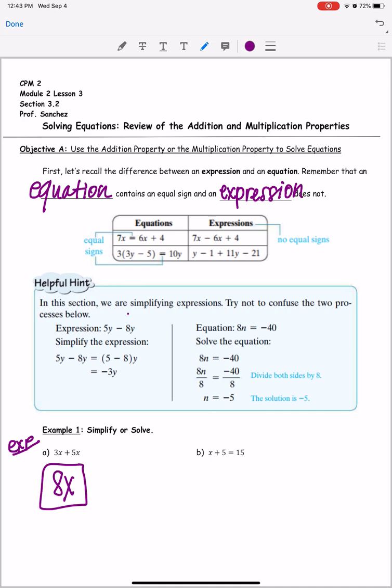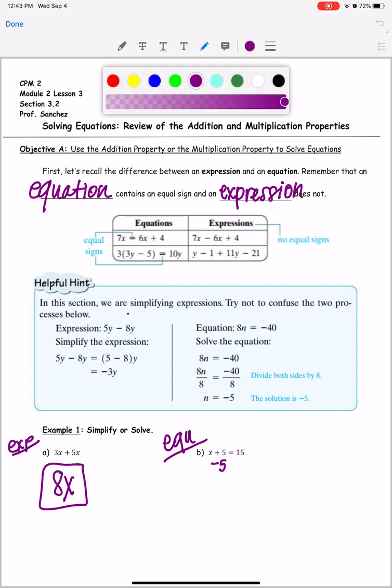On B, however, now since this is an equation, and I know it's an equation because of that equal sign, now I need to solve. I need to get x by itself. That's the goal. So, opposite operation. What's the opposite of adding 5 to x is to subtract it.